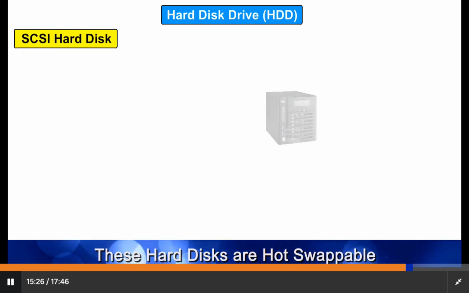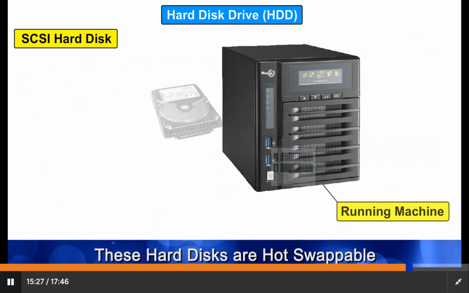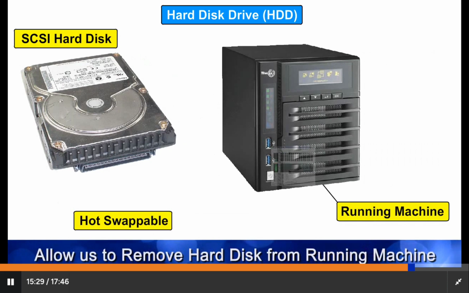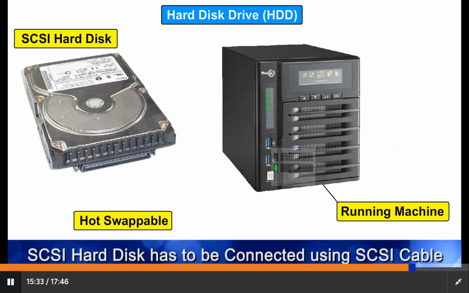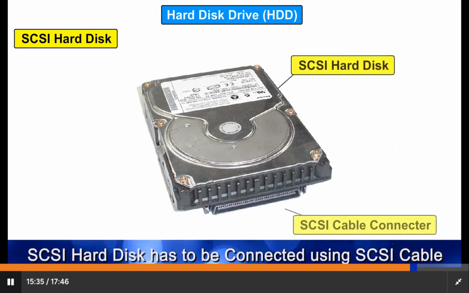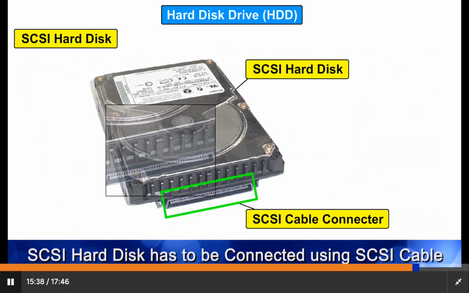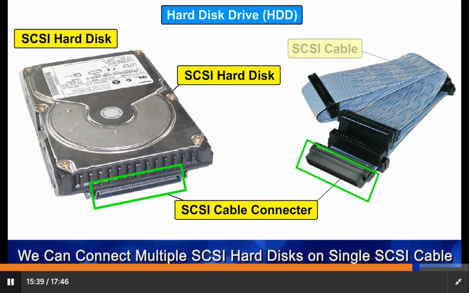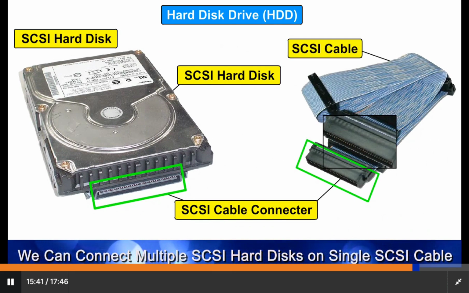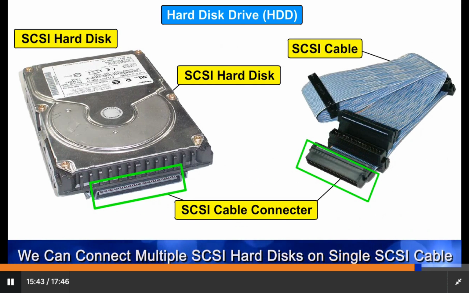These hard disks are hot swappable, thus allow us to remove a hard disk from a running machine. SCSI hard disk has to be connected using SCSI cable. We can connect multiple SCSI hard disks on a single SCSI cable.